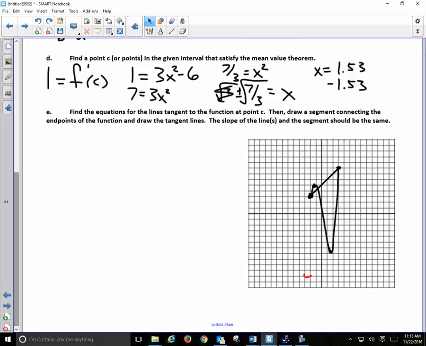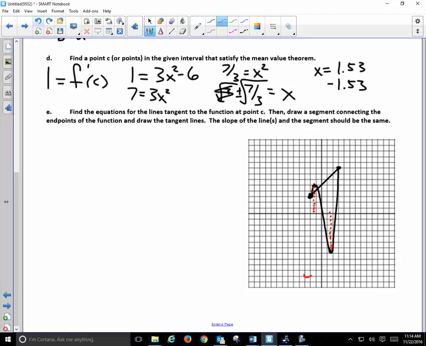If I look at negative 1.53 and positive 1.53, wait a minute, gotta back that up. Does it seem like at those spots I might have a tangent line that has a slope of 1?